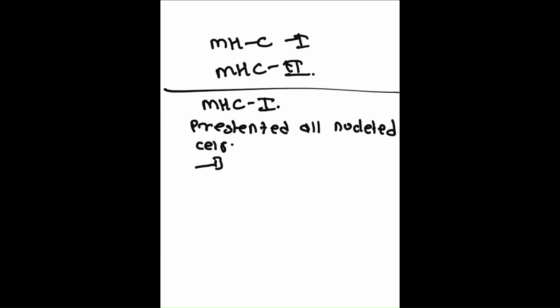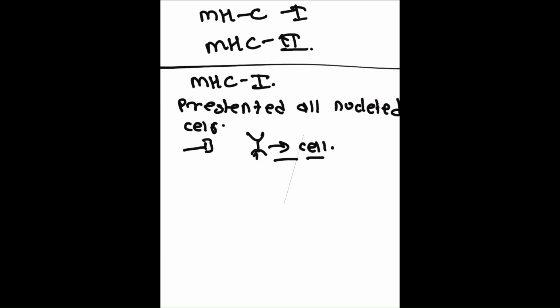Now you should know that, let's suppose a virus enters a cell and uses the cell machinery to make viral proteins. These viral proteins are harmful for the cell, and they are broken down into small peptides.